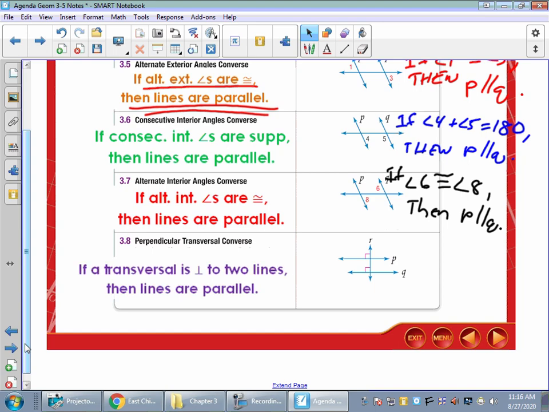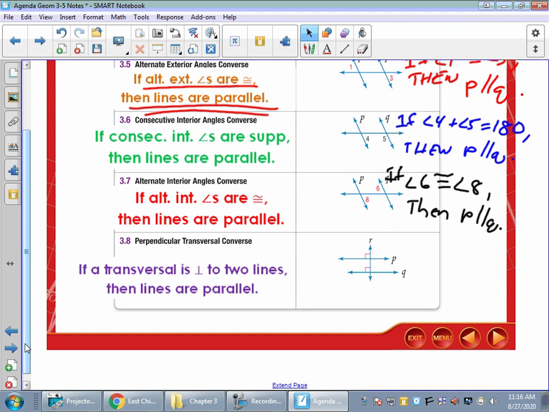If a transversal is perpendicular to two lines, then those lines must be parallel. Again, because if it's perpendicular to one line and perpendicular to another line, then those must be parallel as well, for a load of reasons: corresponding angles, alternate interior, alternate exterior, all that stuff. So, in this case, how would we write that?